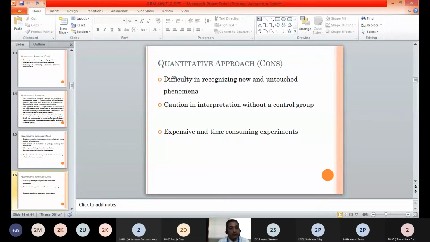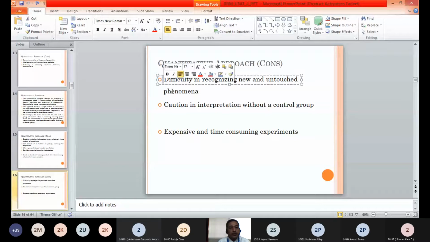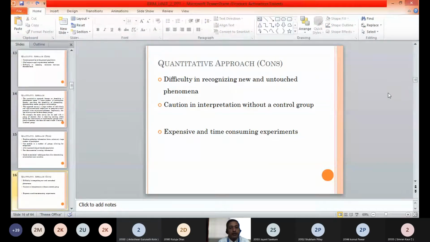But here in the quantitative approach, it is difficult. Here you have limited options, limited information on which we are taking feedback, and you can only establish relationships between different variables or characteristics based on the available data which you generate from the respondents, collected on the basis of structured interviews or close-ended questions.